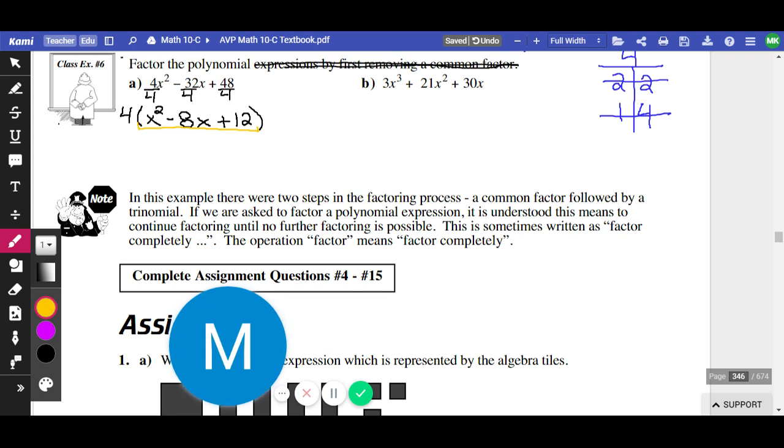I have 3 terms, so I'm going to use diamond method, but only on the part I've underlined here in orange or yellow, whatever color you want to call that. The 4 that's out front is still just going to be out front. It's a monomial, it's by itself. But we're going to convert this thing into 2 binomials. We know when we factor a trinomial, it turns into 2 binomials. That 4 that's a monomial is still out front, just like that.